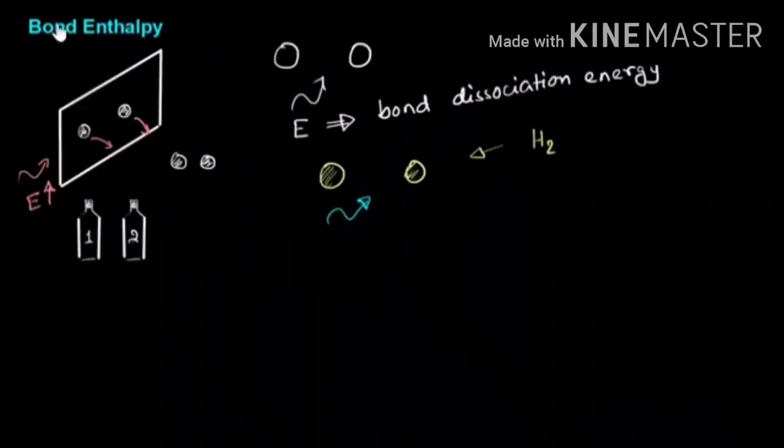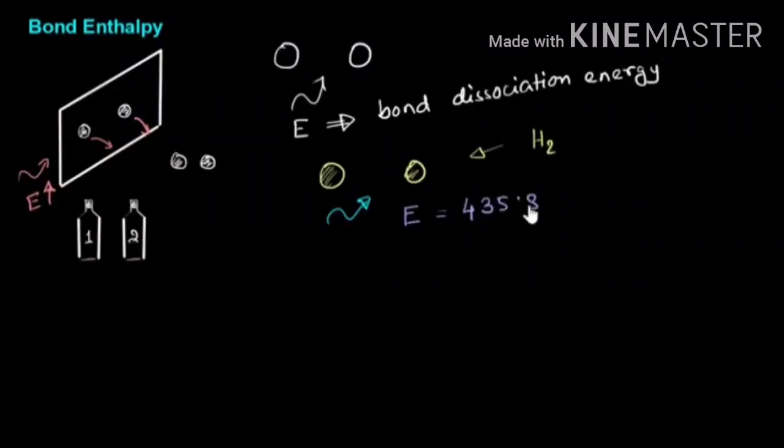Let us take the simplest example of a diatomic molecule. In a diatomic molecule, only a single bond is present, so the energy is supplied to dissociate one bond.